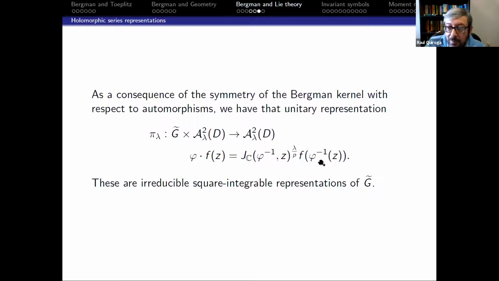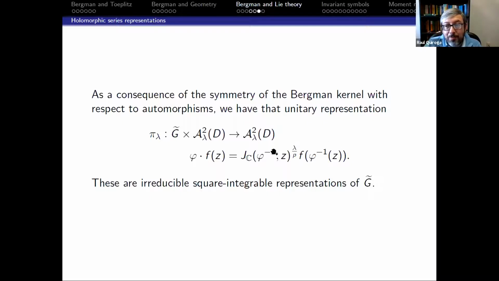F composed with phi inverse clearly is holomorphic. But what about this complex Jacobian? Before, I had lambda equals P, no weight. So it was the straight complex Jacobian. But now I have a holomorphic function raised to some real valued power. And I want to make sure that this is a holomorphic function.